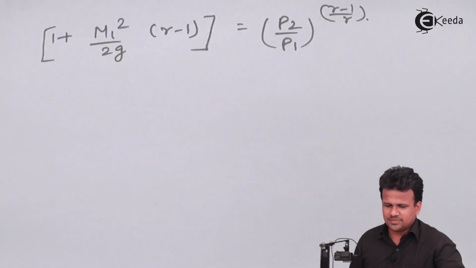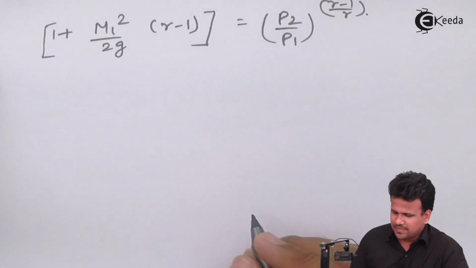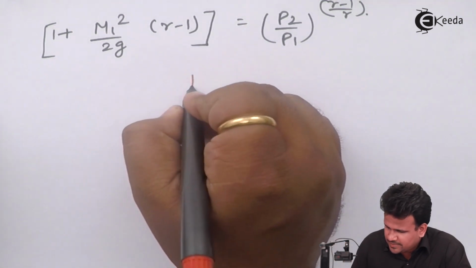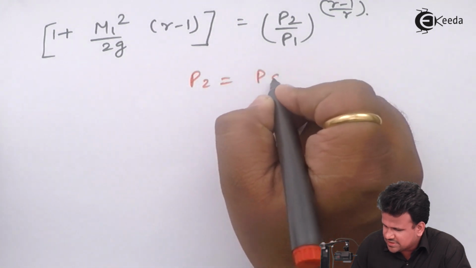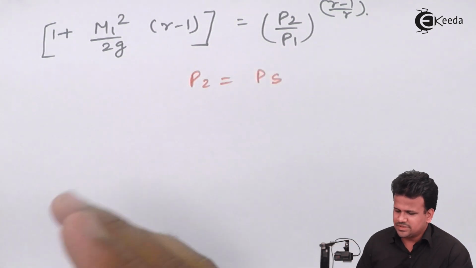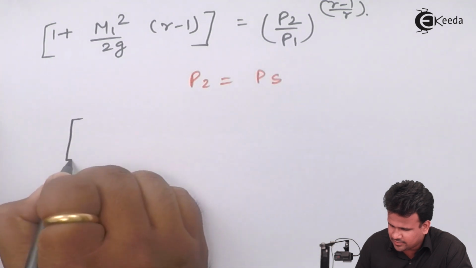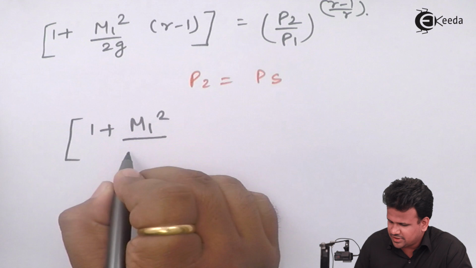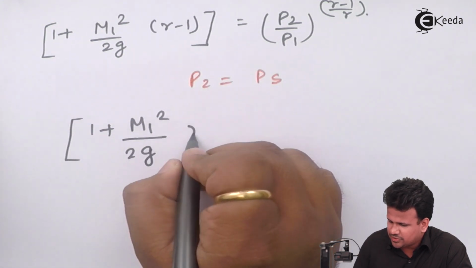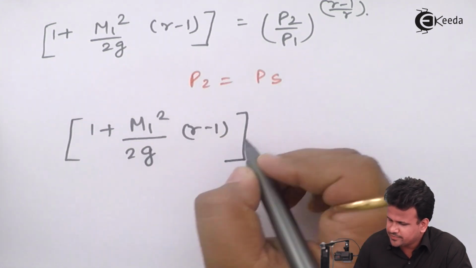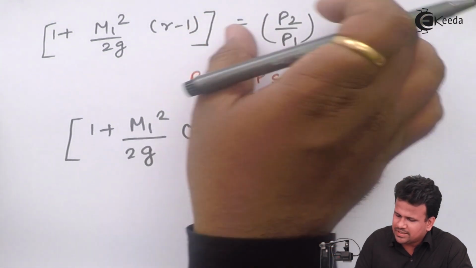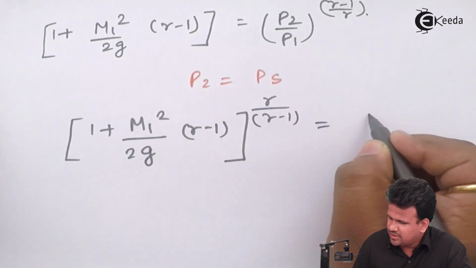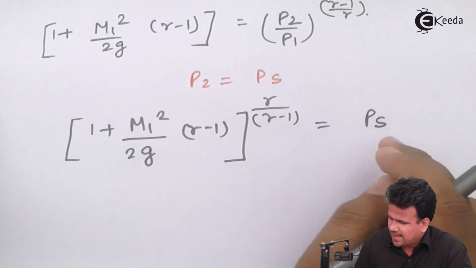So now let us substitute over here. We substitute P2 equals P stagnation, and this equation becomes 1 plus initial Mach number square upon 2g into gamma minus 1, raised to gamma upon gamma minus 1, is equal to P stagnation over P1.